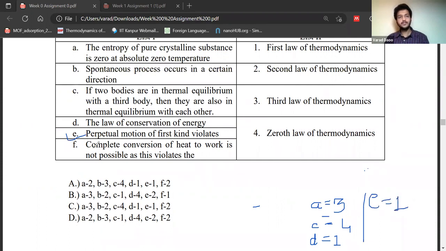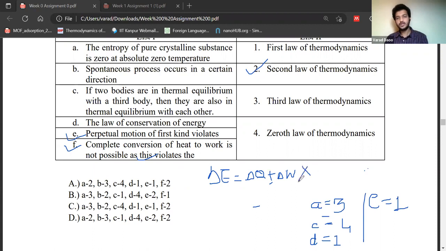Then, complete conversion of heat to work is not possible, as this violates the second law. The first law tells us that delta E is equal to delta Q plus minus delta W, which basically tells us that heat and work both are forms of energy, and we can convert heat into work and work into heat. Both are interconvertible.